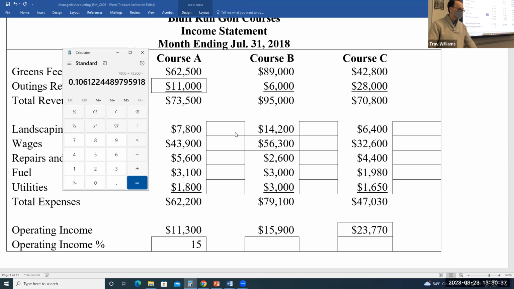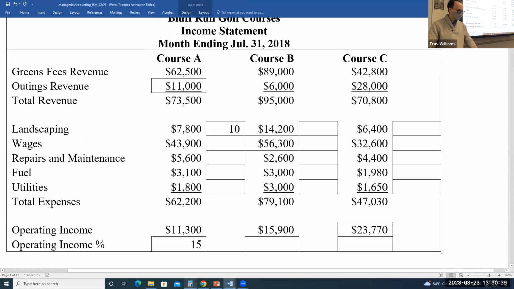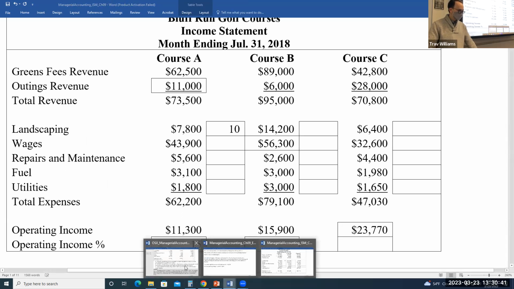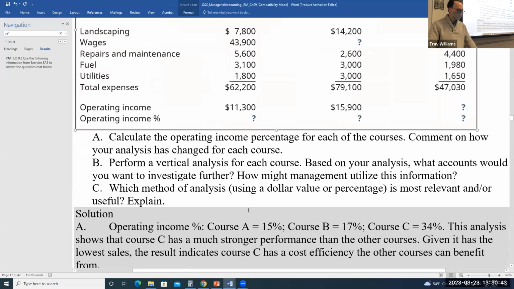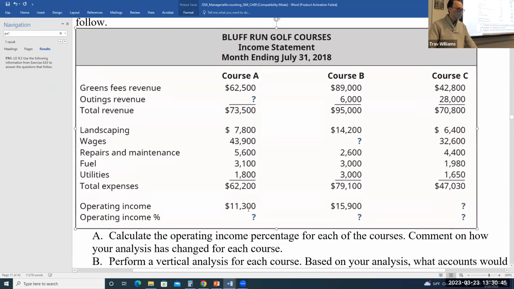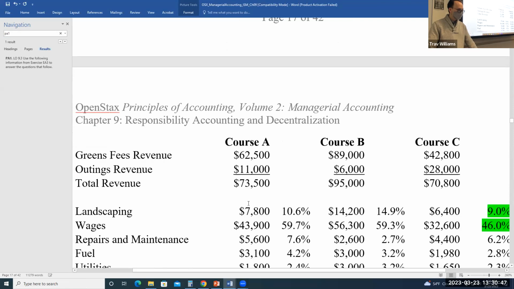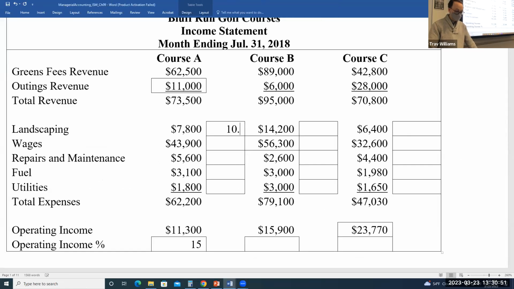Is that also the nearest percentage? Actually, that would be 11, wouldn't it? Oh, 10, we're doing one place after the decimal point. I wish they would just be consistent, it'd be easier.